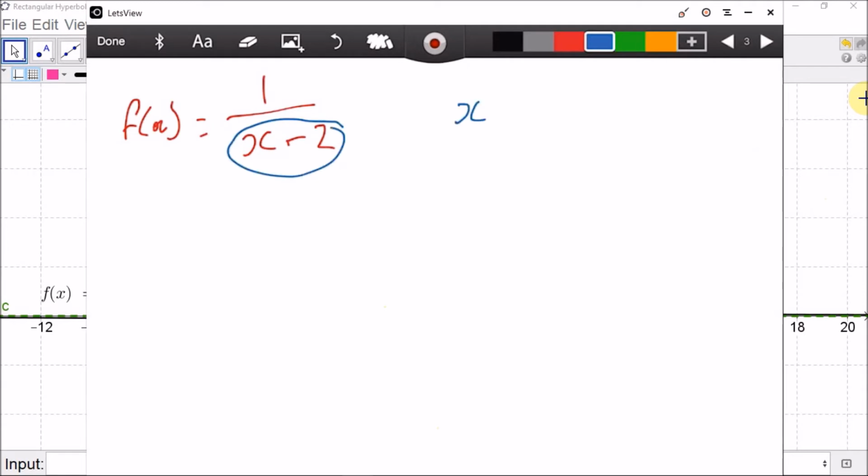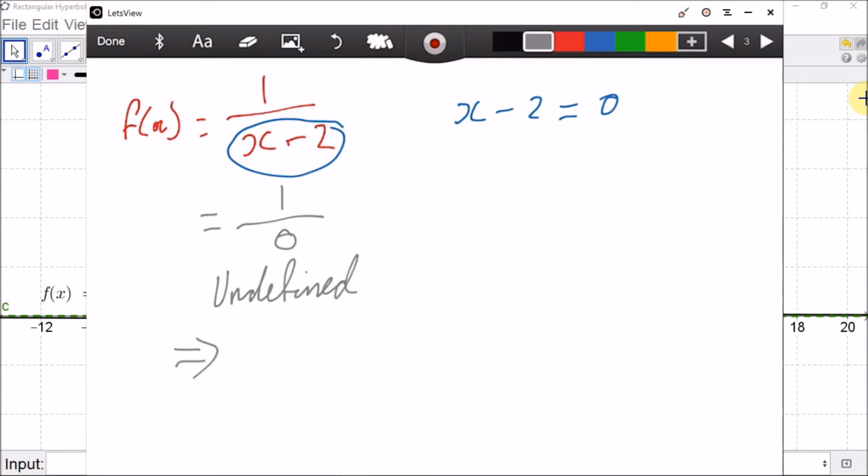If x minus 2 is equal to 0, we would have 1 over 0, which is undefined. And if it's undefined, that leads us to an asymptote for this rectangular hyperbola.